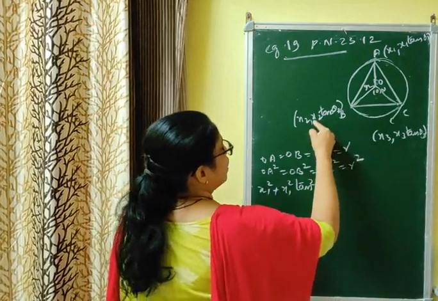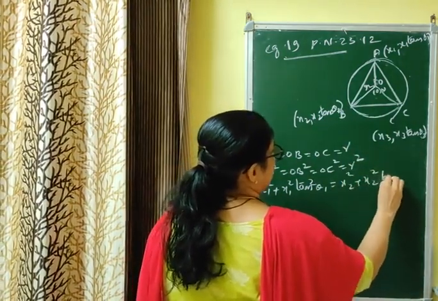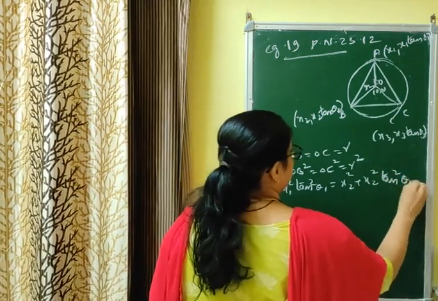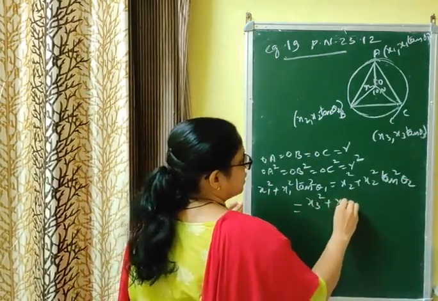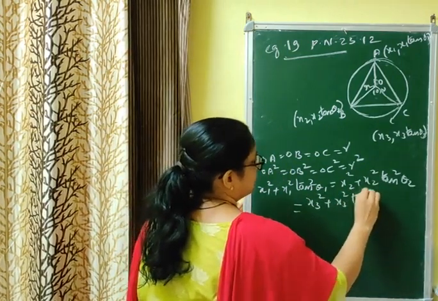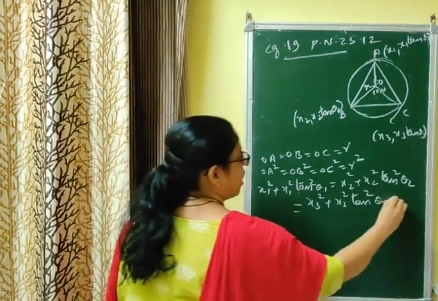Similarly, what will OB be? x2 square plus x2 square tan square theta 2, equal to OC, which means x3 square plus x3 square tan square theta 3, equal to r square.